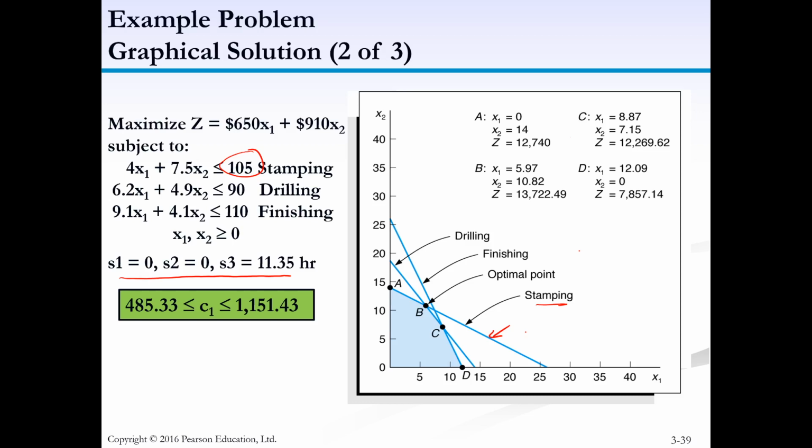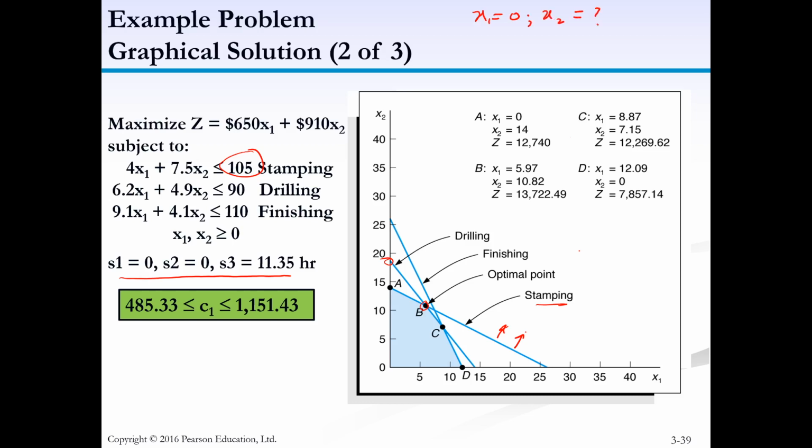Now, how do we do that? The stamping constraint, you see over here, is at point B. If we increase this stamping right hand side, the constraint will start moving away from the origin. It will go to this side, right? And point B will start moving until it goes to this point. Now what is this point? This one is x1 equal to 0. x2 we can work out.